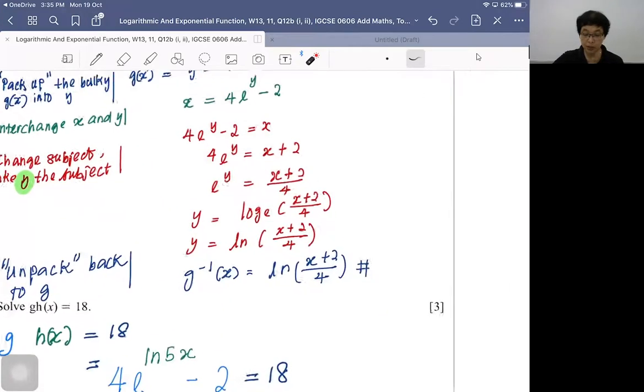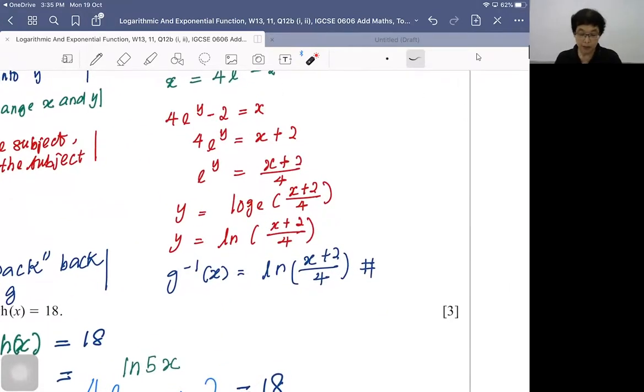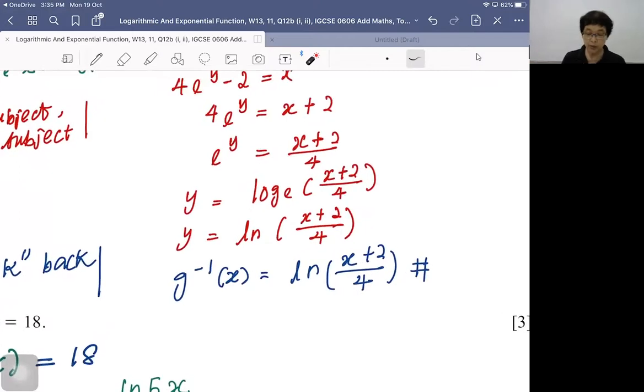Now this is what we have done, using the skill that we have learned. You notice the index has now become our subject, y. The base e has become our base here, and the result of our exponential has accordingly become the inside of our log.